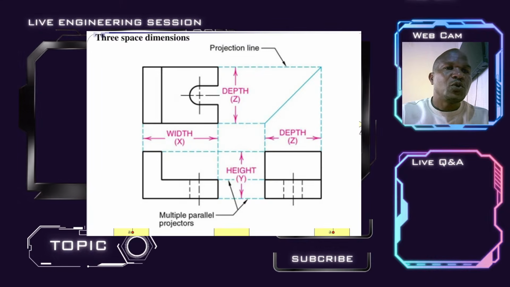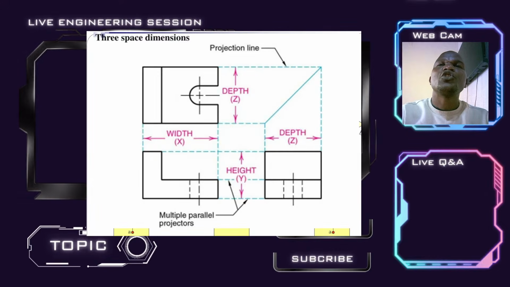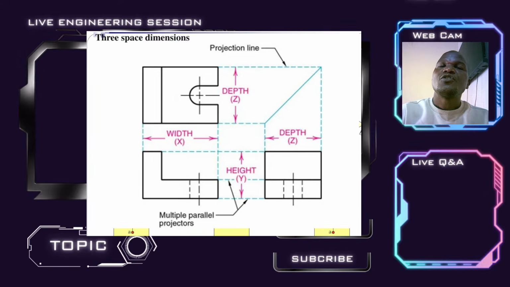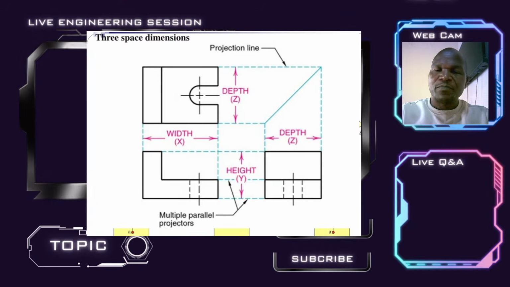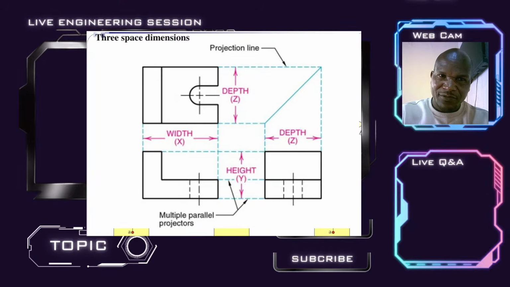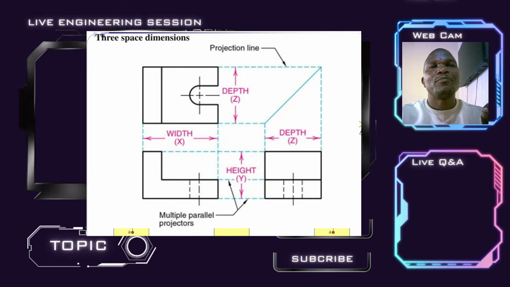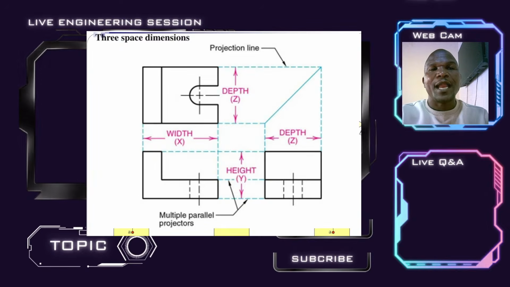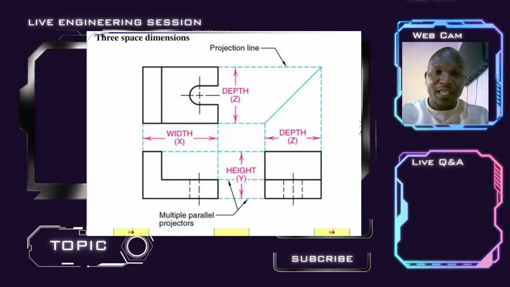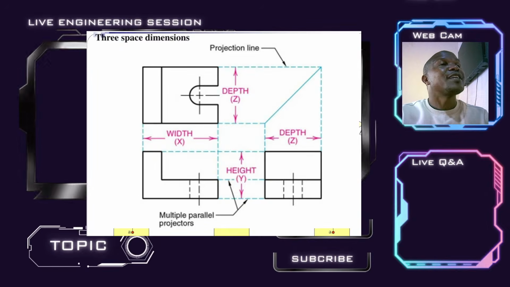Start with the front view. Upon completion of the front view, you can draw the plan, which is the top view. And pay attention to this: the end product, after both the plan, the top view, and the front view, is the side view.